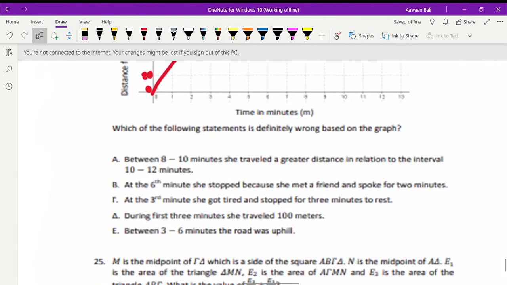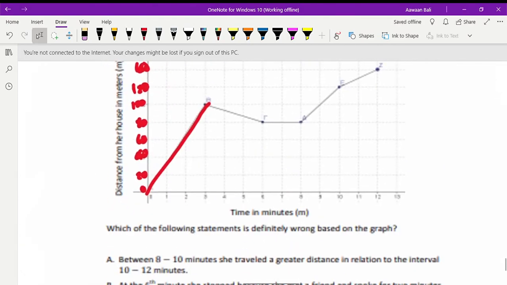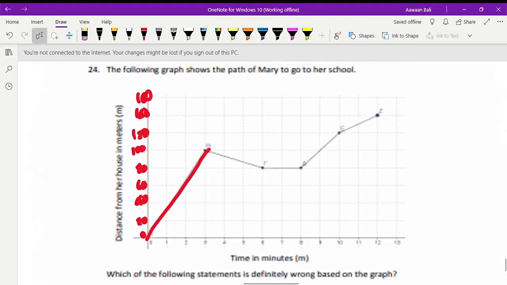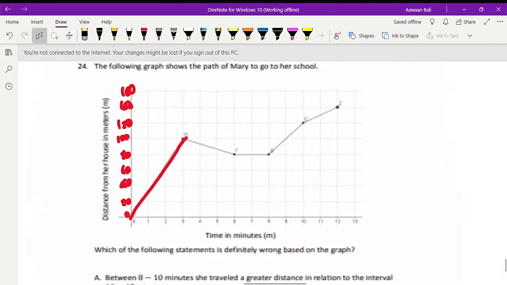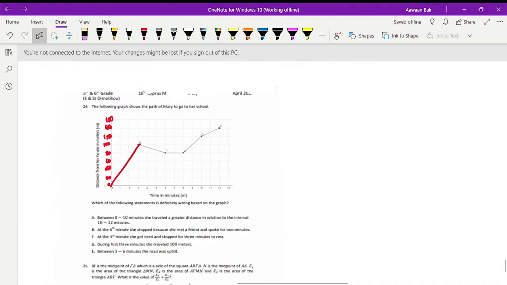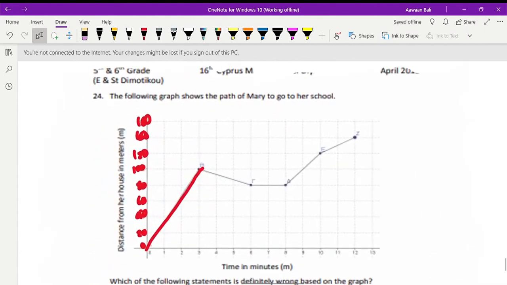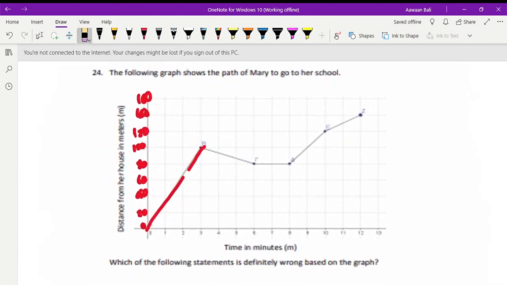Between 3 to 6 minutes, the road was uphill for Eta. Now, the line is only going down to show that she's going slower. But why? Normally when you climb uphill, or when a car drives uphill, you go slower, right?